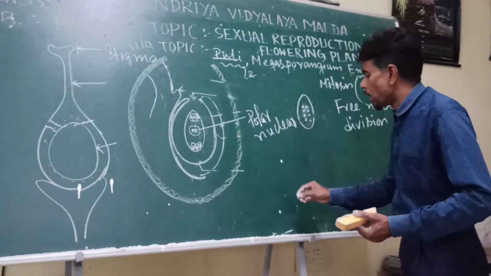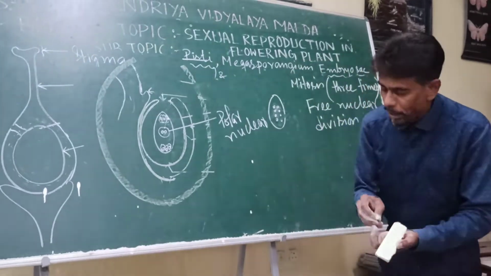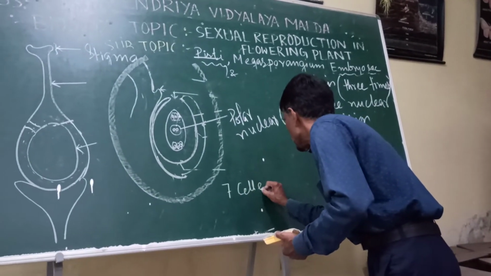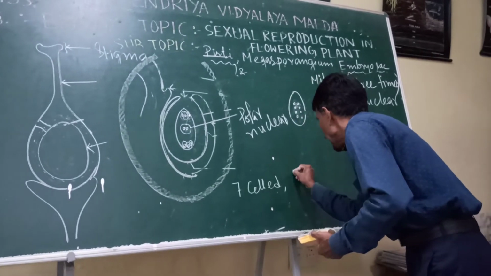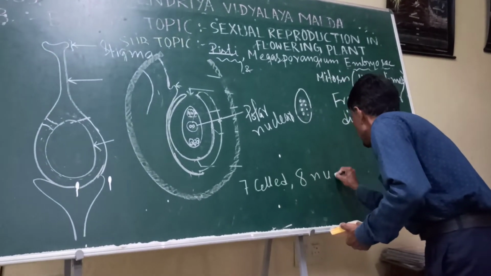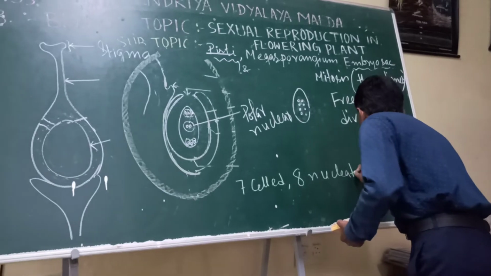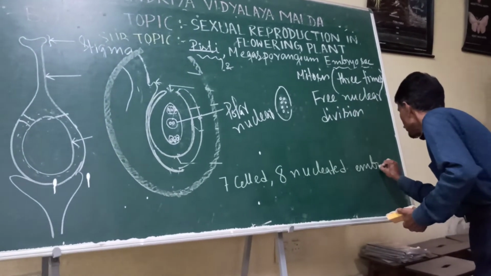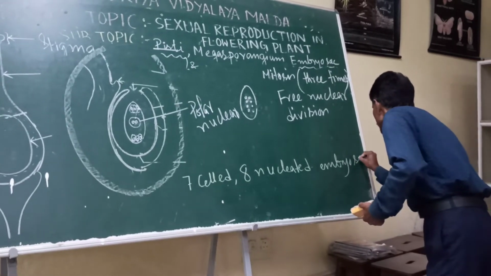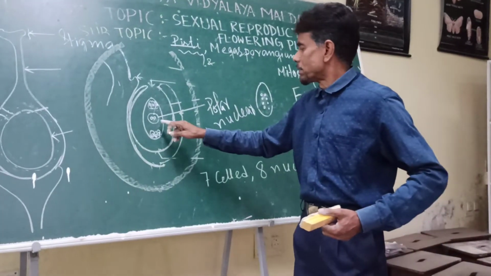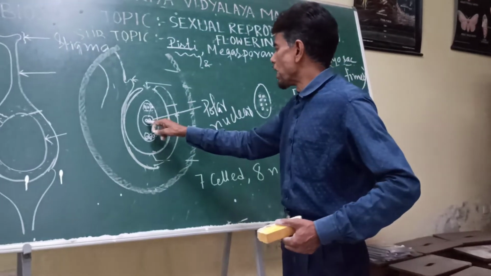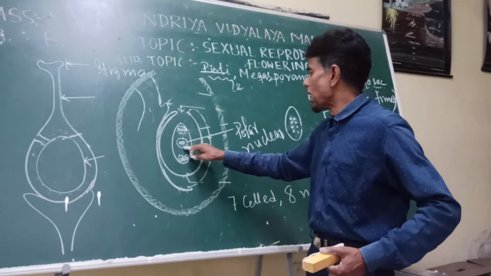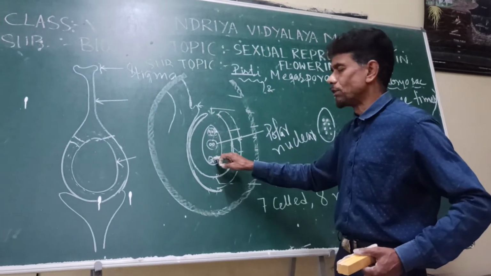So it is called a seven-celled, 8-nucleated embryo sac. 8 nucleated, 1, 2, 3, 4, 5, 6, 7, 8. But 7 cells, 1, 2, 3, 4, 5, 6, 7.